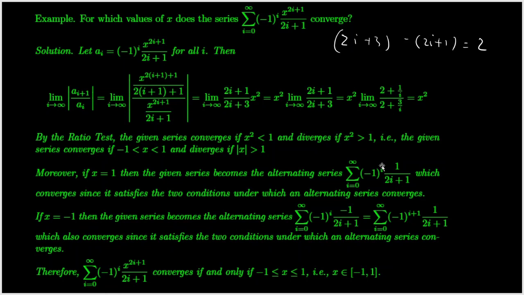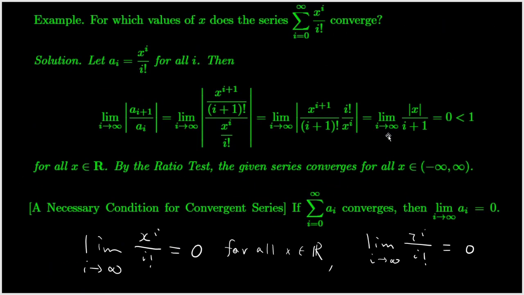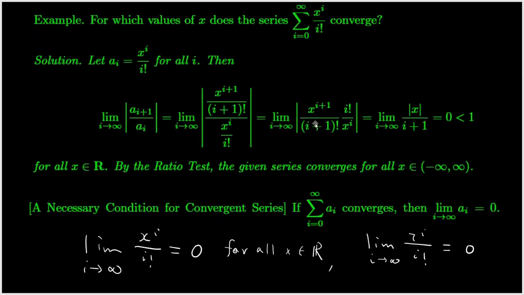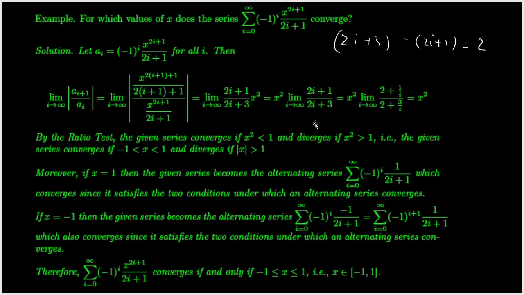This is the value of L in the ratio test. You see the limit of the absolute value of the quotient is equal to L, so the L value is x squared.